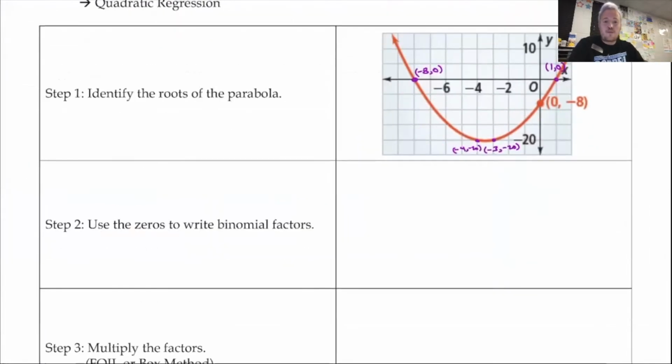All right, so we're going to use those zeros to write the binomial factors. So we know our solutions here are x equals negative 8 and x equals positive 1. So I want to kind of rework and reorder these so that they resemble binomials.